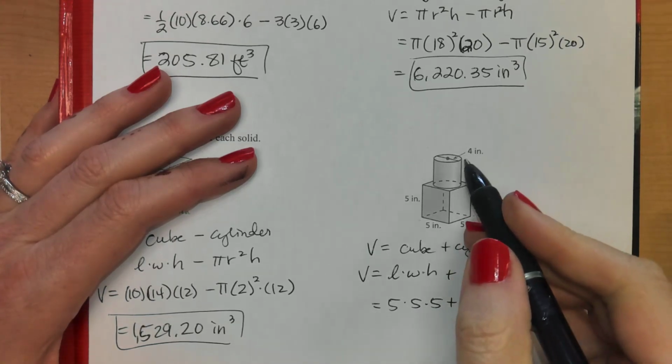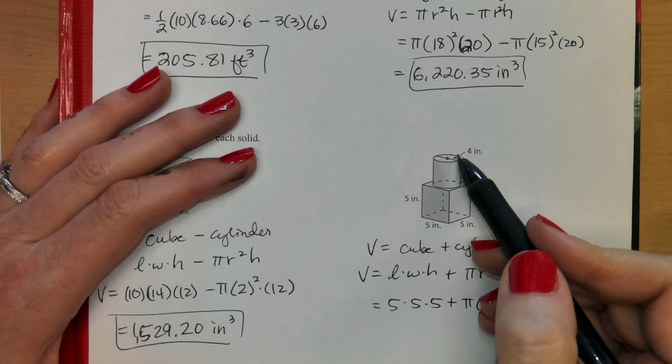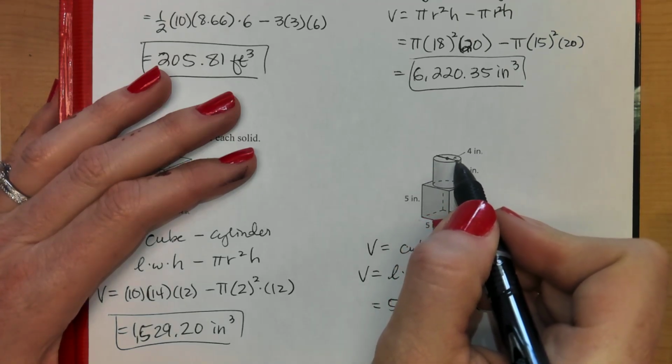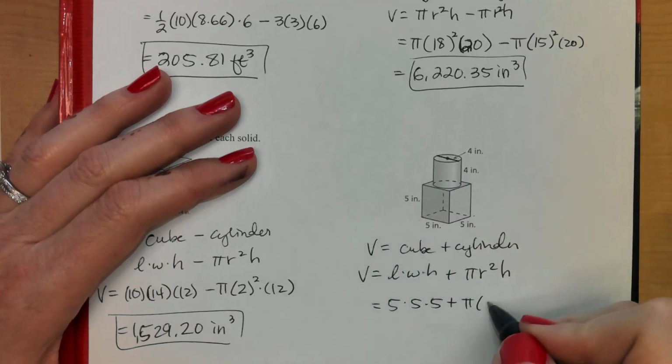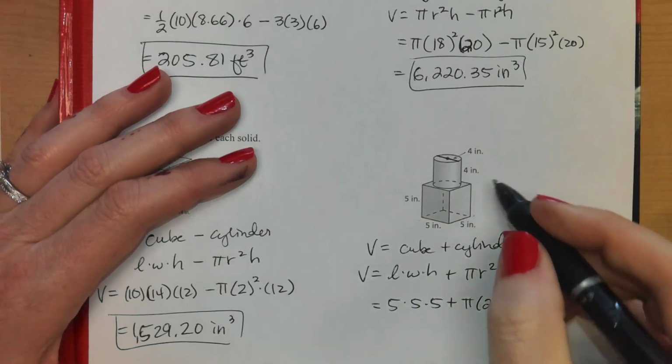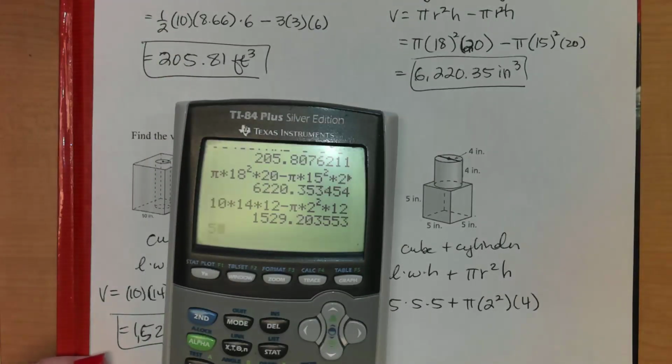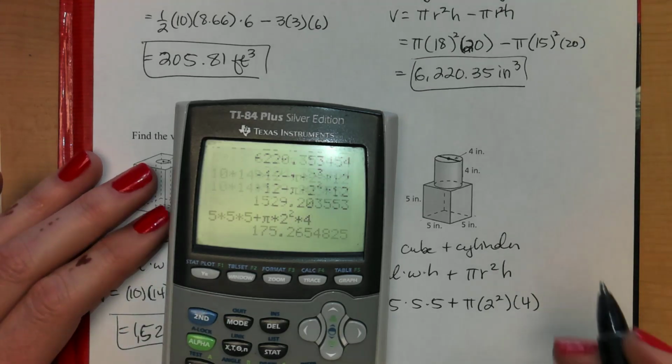Then for pi r squared, they're pointing at this line being 4. I'm going to bet they mean this whole thing is 4, so the radius would be 2. And the height of the cylinder looks to be 4. So 5 times 5 times 5 plus pi times 2 squared times 4.